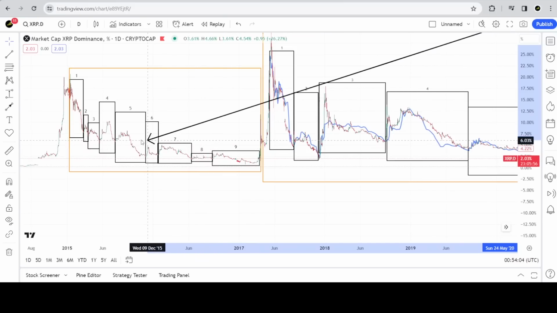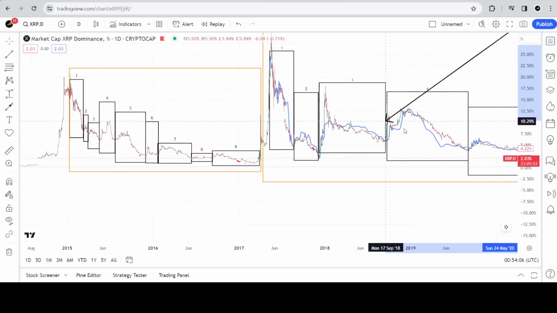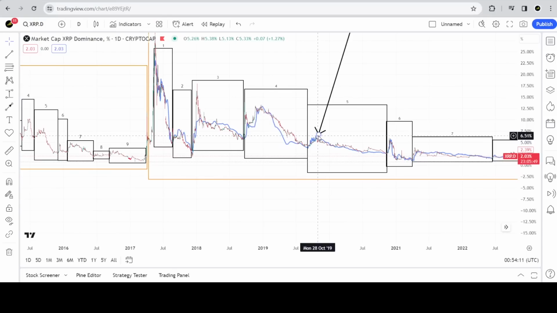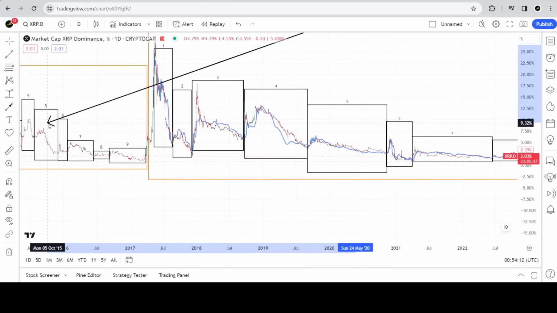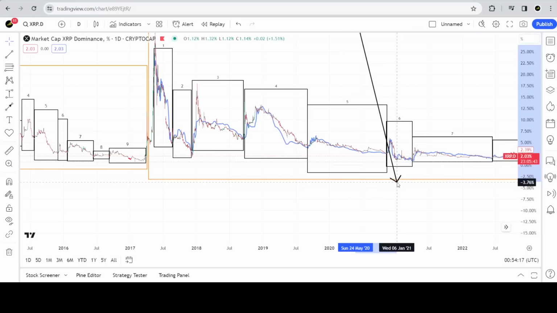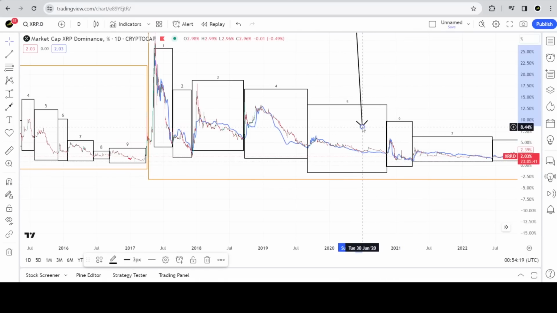For instance, this move up right here, 5, it was very small, the move up part, but the overall declining part was much larger. This one was a lot steeper. This one did not drop as much. And remember, timing, height, and depth are always going to be original.